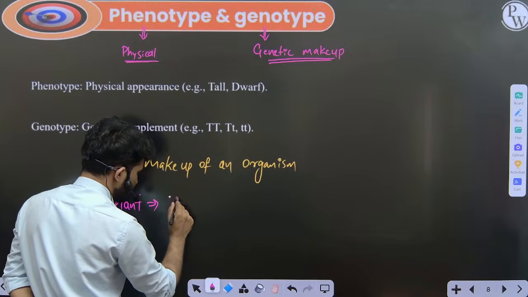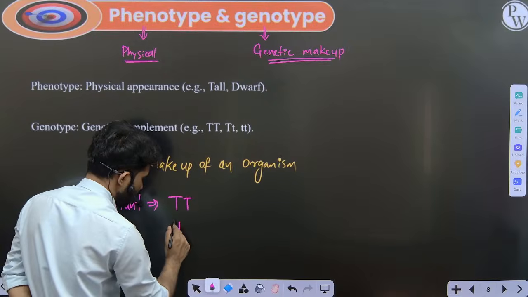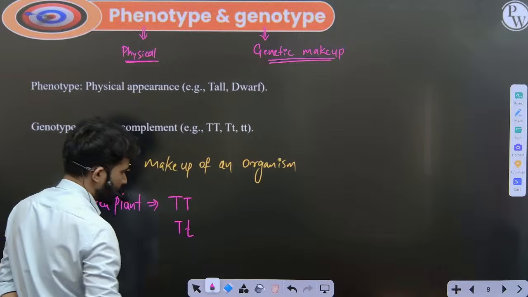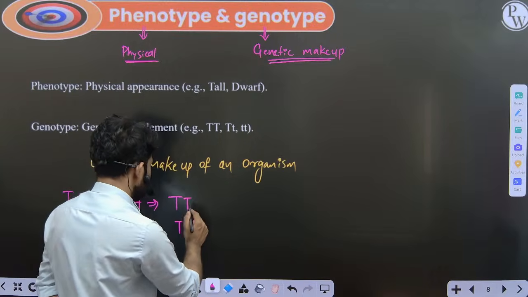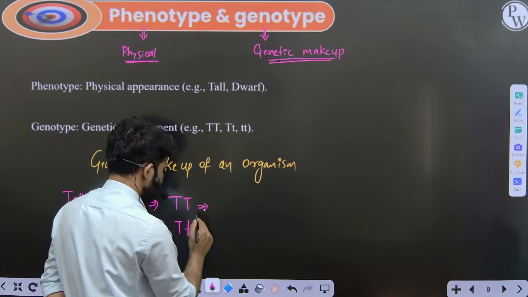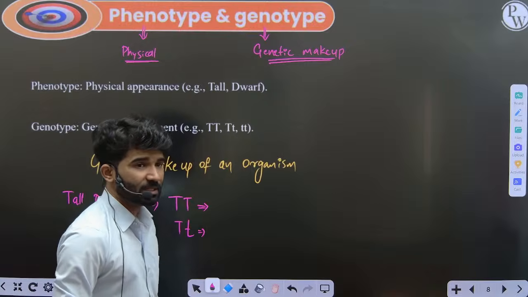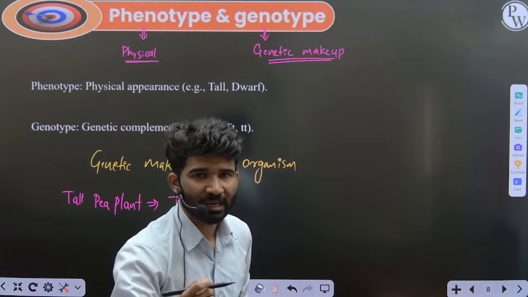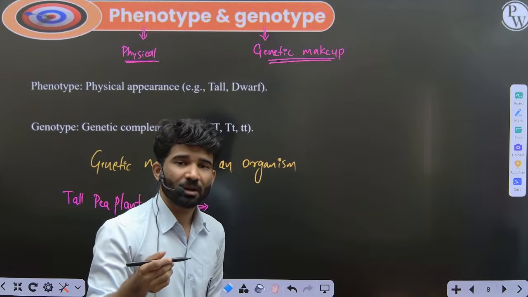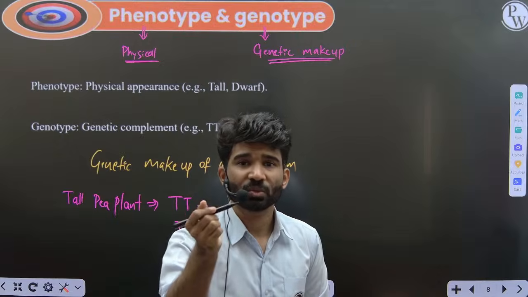Either it may have the genotype capital T capital T, or it may have capital T small t. It is a homozygous genotype or a heterozygous condition. You cannot say by looking at the plant whether it is homozygous or heterozygous. You need to test it with the crossing method.